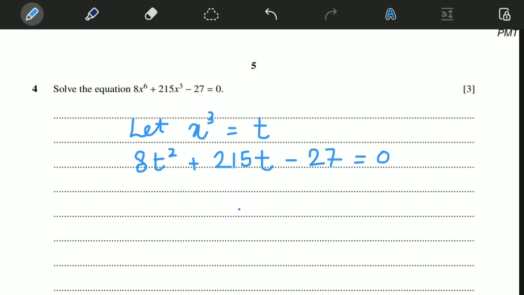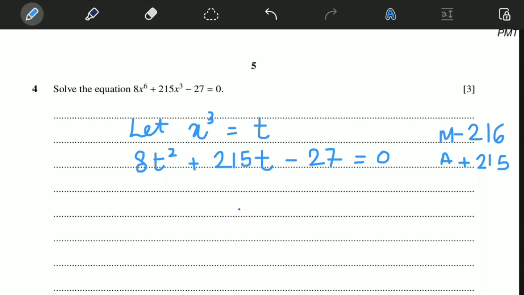Now this is quadratic in t. Now we can break the middle term. 27 times 8 will give you 216, I guess. Okay, minus 216. So by multiplying we should get minus 216, and by adding or subtracting we should get plus 215. So this is simple.